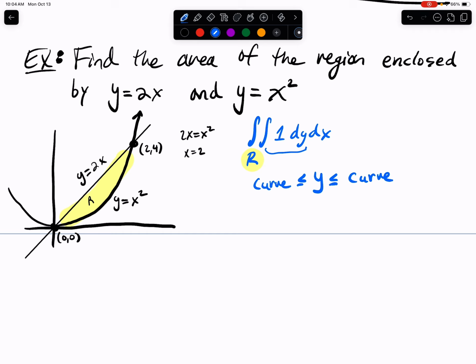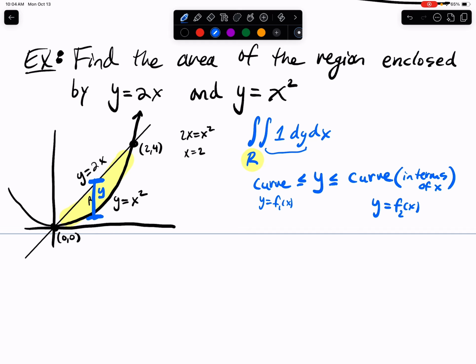My curve is in terms of x, meaning y equals some function of x. And so over here, y equals some function of x. So the y value, the height, is stuck between two things right here.